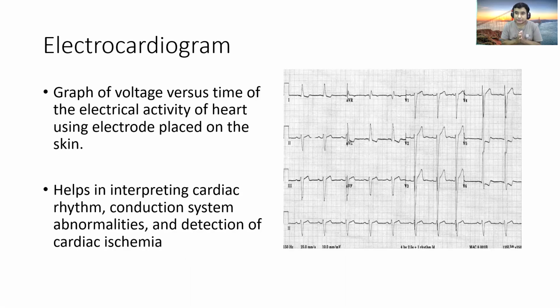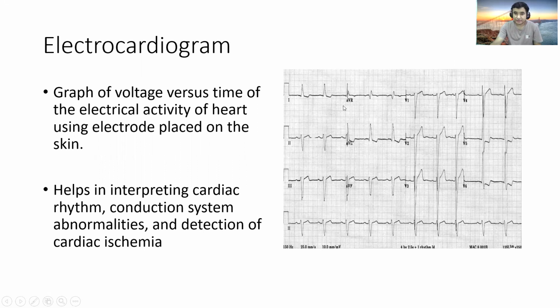What is an electrocardiogram? We have come across different electrocardiograms in our career. To define it, the electrocardiogram is a graph of voltage versus time of the electrical activity of the heart, using electrodes placed on the skin.